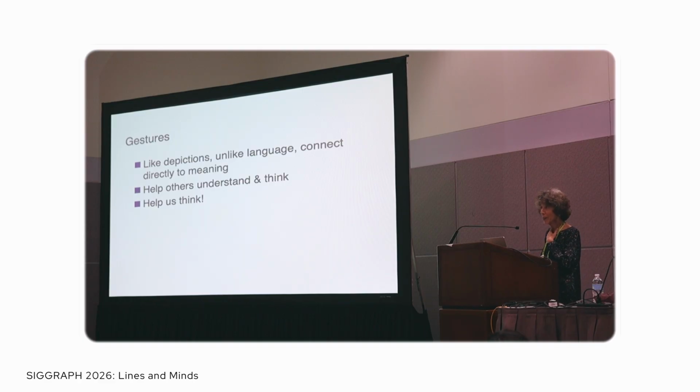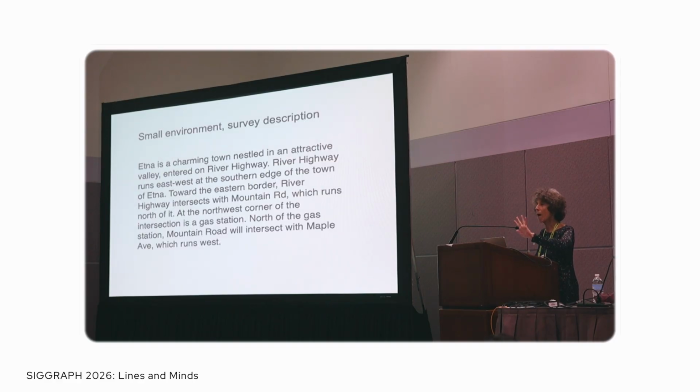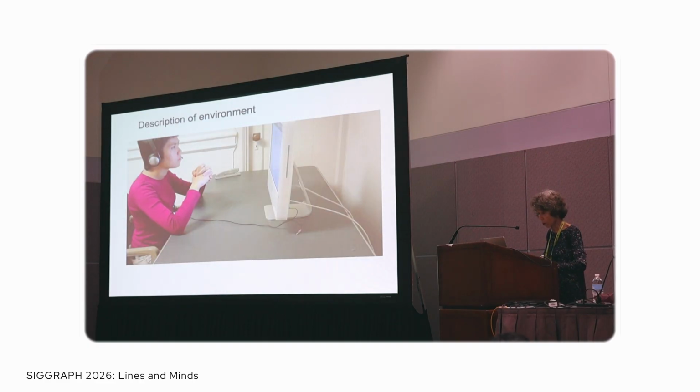But what we've been studying is they help us think, and we've been doing it in the context of maps. So we have people reading these complicated descriptions, locating 4 or 8 landmarks in space. Don't read it, okay? You won't be tested. But our students were.